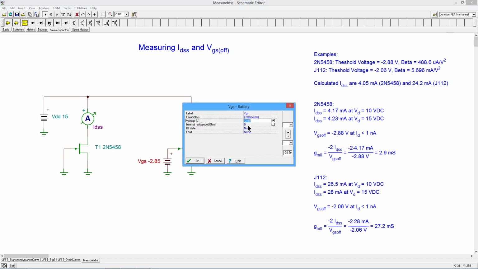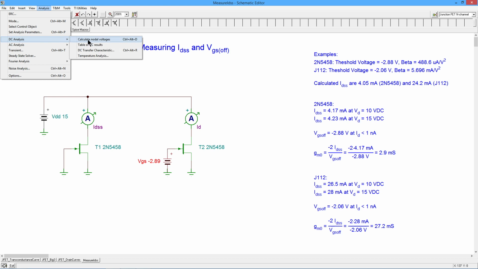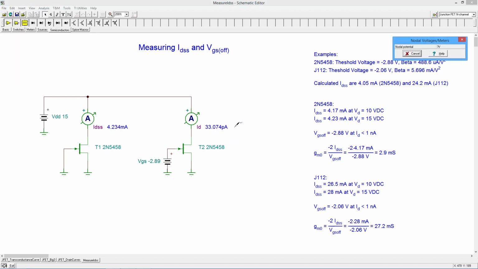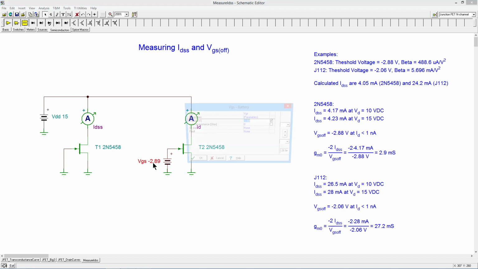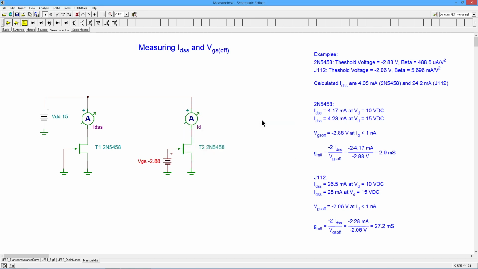Now, if I went a little bit too high, so I'll just put in 2.9, you'll see what happens here. I just get this tiny little current. Back it off. Go back to 2.8. Do it again.